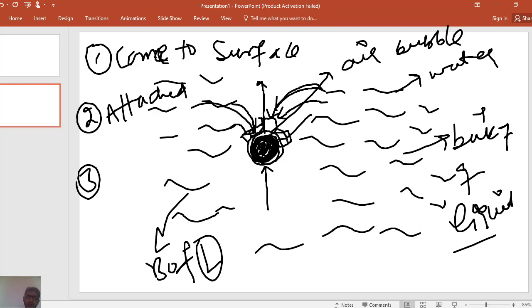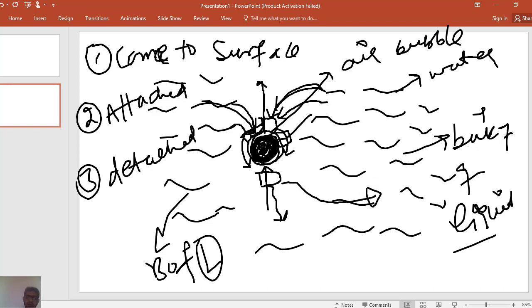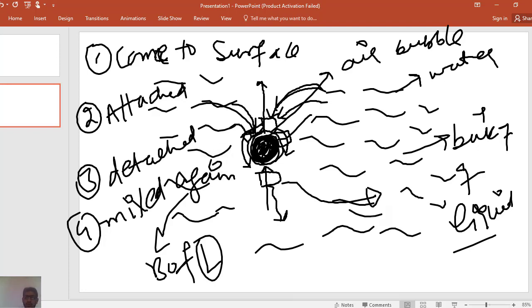Then it slides on the surface of the spherical bubble. At last, it will detach from the bubble and again mix with the bulk of liquid.